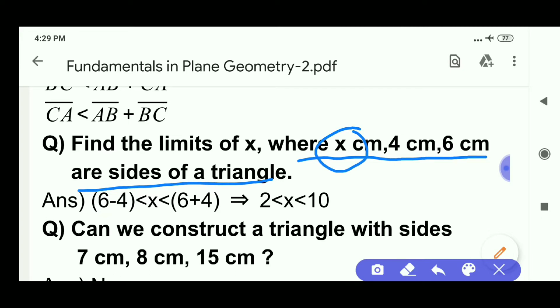One side is always greater than the difference and less than the total. So 6 minus 4 is less than x, which is less than 6 plus 4. That is 2 less than x less than 10. This is the limit of x. That means x is between 2 and 10.